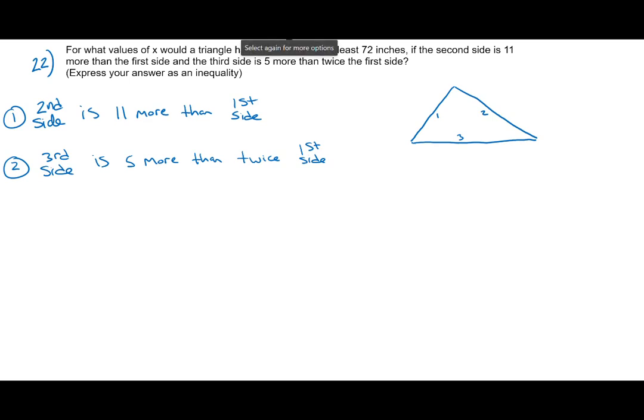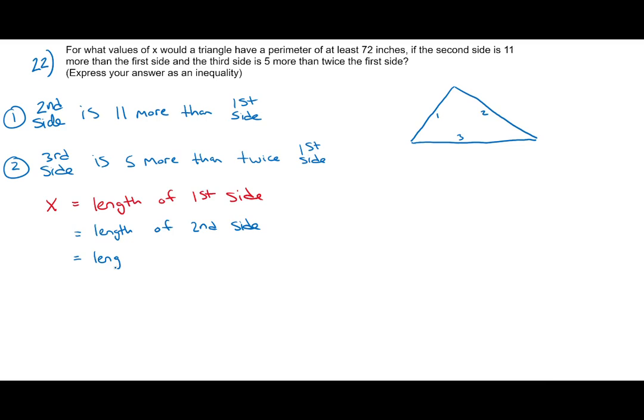So let's go ahead and let x equal the length of the first side. And now we have 3 unknowns: length of the first side, length of the second side, and length of the third side.